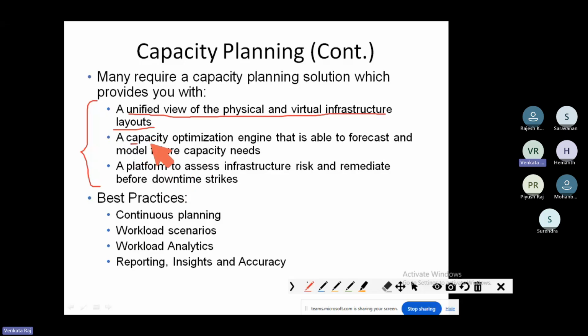Then you should have an optimization engine for your capacity management, which should be able to forecast the future needs and then model your requirements accordingly. Different mathematical models can be utilized, different algorithms can be written, so that the engine will be able to forecast and let you know the future needs specifically.